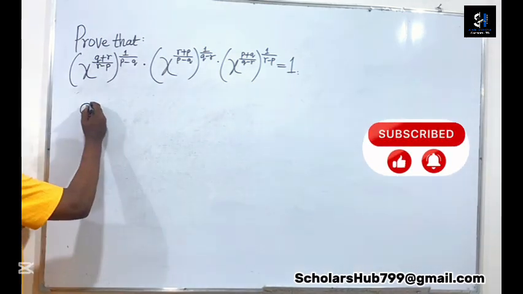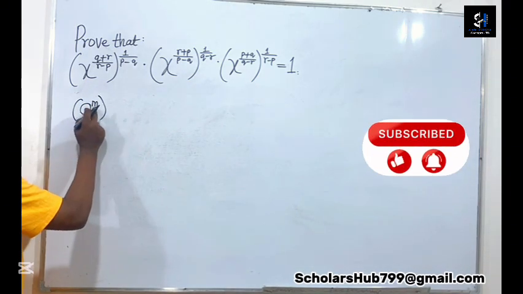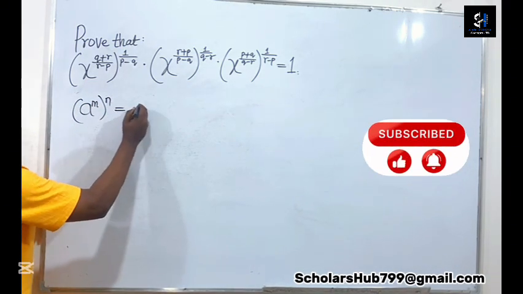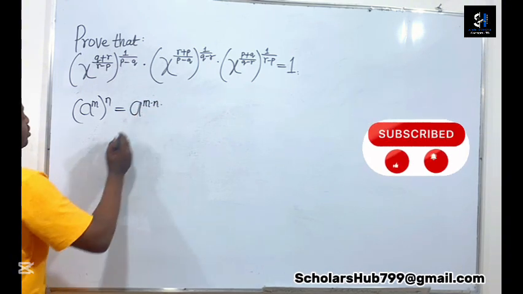We're going to use the statement that if we have parentheses a raised to the power of m, exponent n, this will be a raised to the power of m times n.